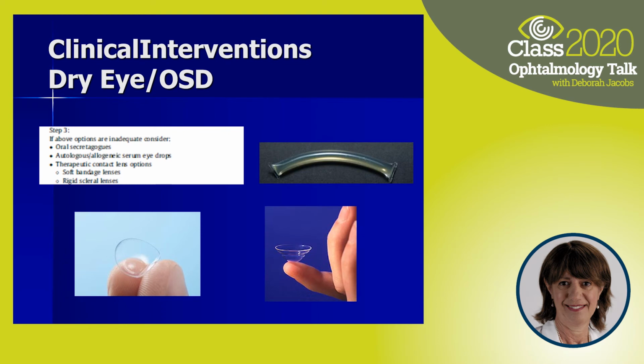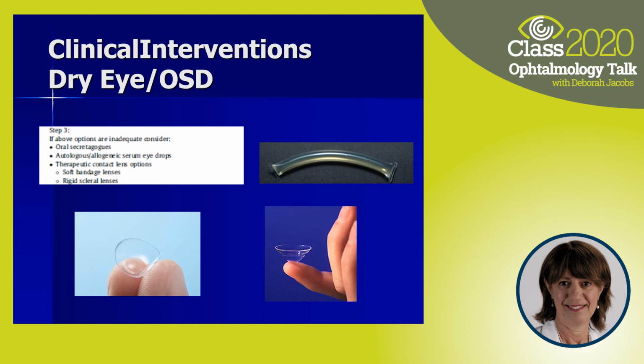If the step 2 options, and particularly punctal occlusion and goggles, are not effective, then it's reasonable to move into the step 3 options. These are oral secretagogues, which I don't find particularly helpful.